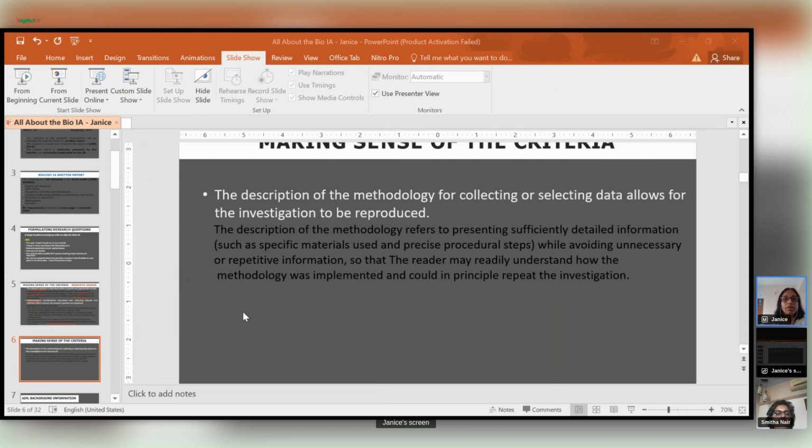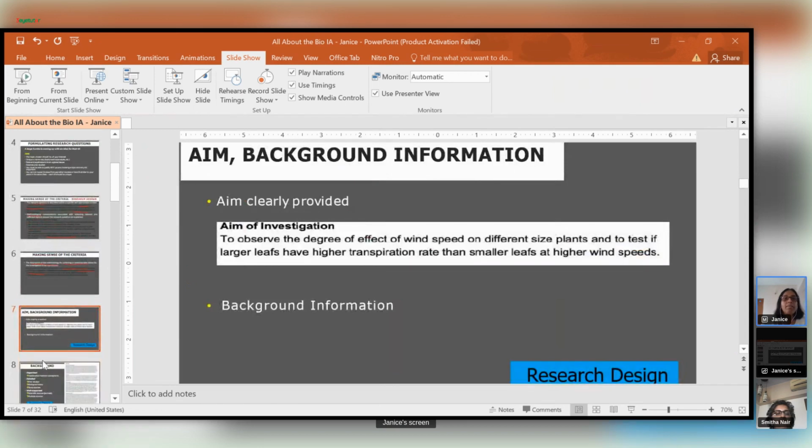Okay, coming to the next, I will now give you more clarity one by one. Now let's talk about this. Always understand that the aim is different from a research question.